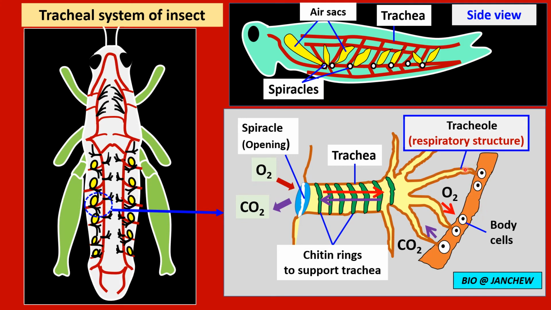Then the oxygen will dissolve in the fluid-filled tips here of the tracheals. After that, oxygen will diffuse quickly directly into the body cells. So you can copy this diagram and also copy the table which shows you the parts and the functions that is in the previous slide.